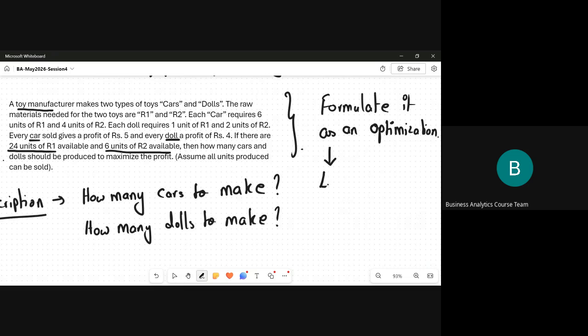For this course, we are limiting it to a linear program. Why a linear program? Because everything that we do is going to be a linear relationship.